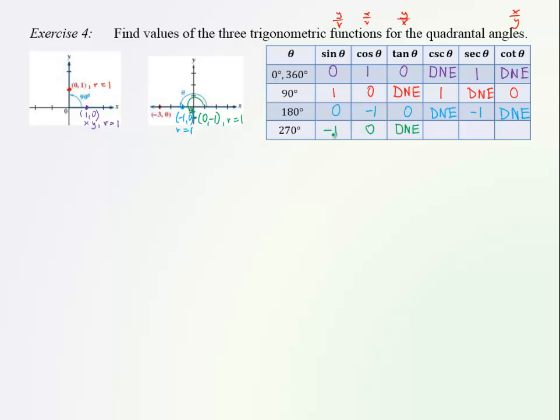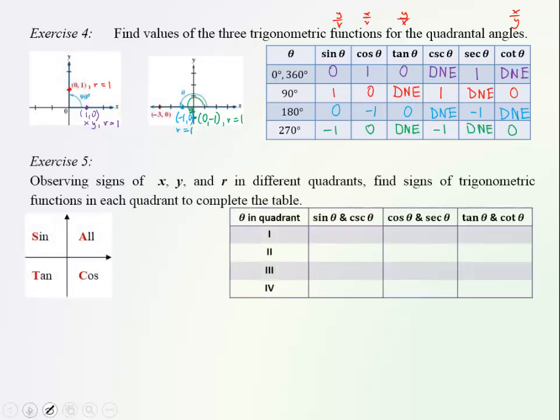And reciprocals, reciprocal of negative 1 is negative 1, reciprocal of 0 doesn't exist, and reciprocal of doesn't exist will be 0. So as you see, the quadrantal angles are very special. All the trig functions will have values either 0, 1, or negative 1, or sometimes they do not exist.